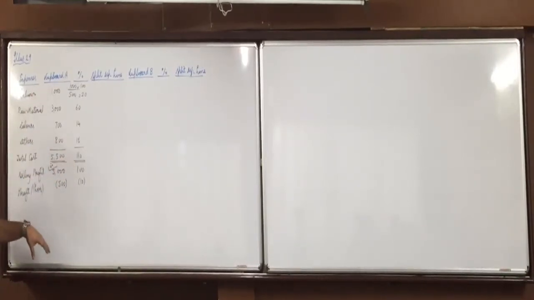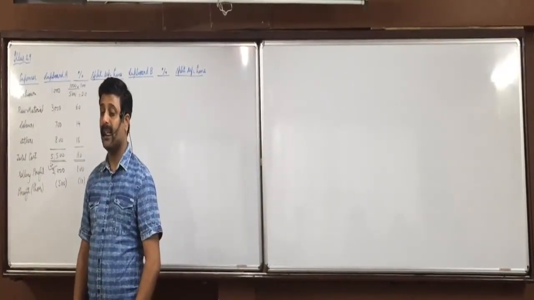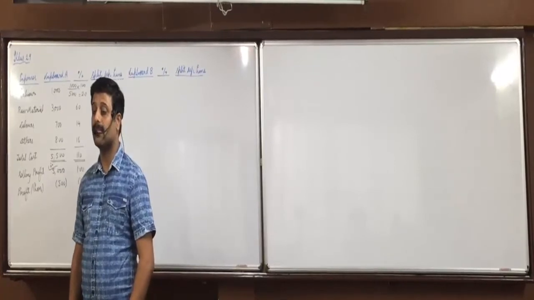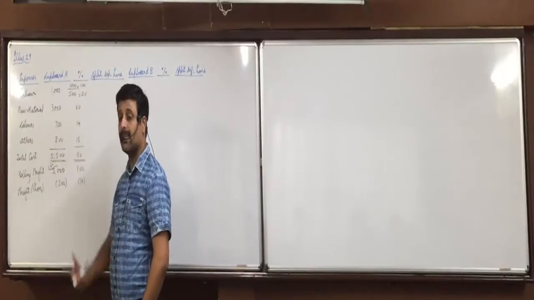Simple thing is, all of them you divide by 5,000 and multiply with 100. So do it 1,000, divide by 2 times, then 5,000 and percentage. What do you get? 20. Now directly do 3,000 and percentage.